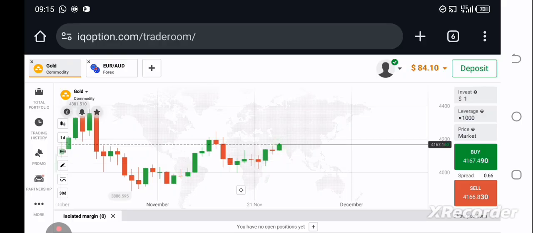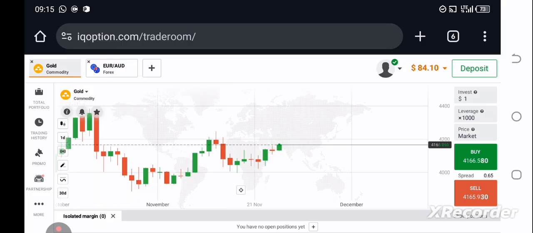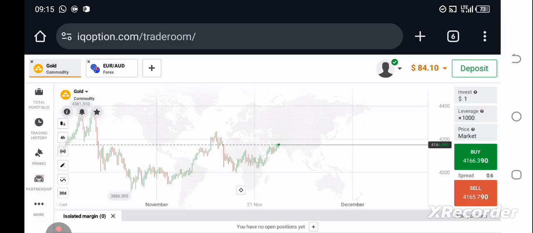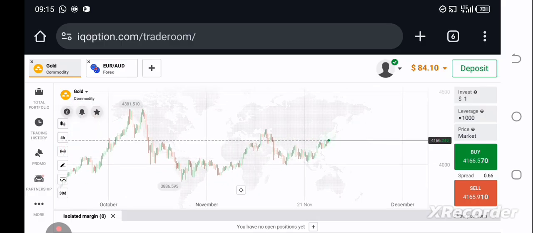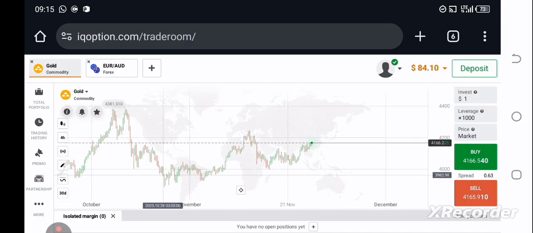Okay, and we are seeing a strong bullish move. So let me see what the 4 hours time frame looks like.